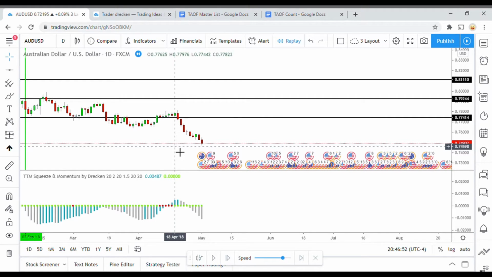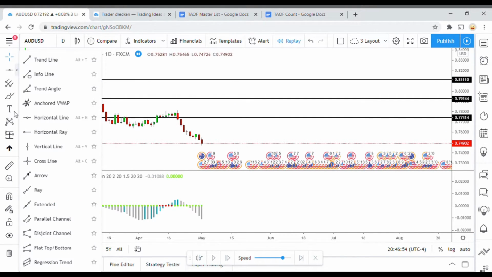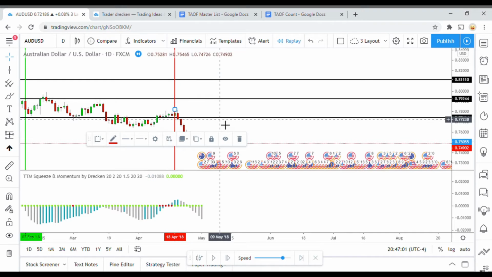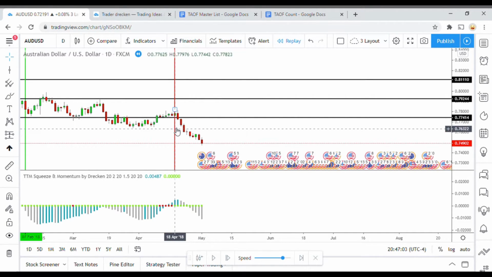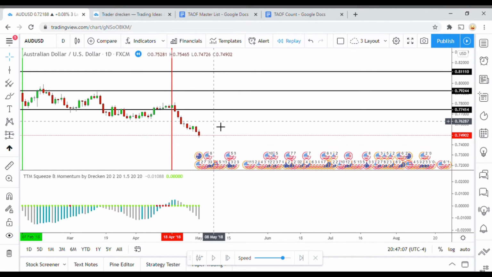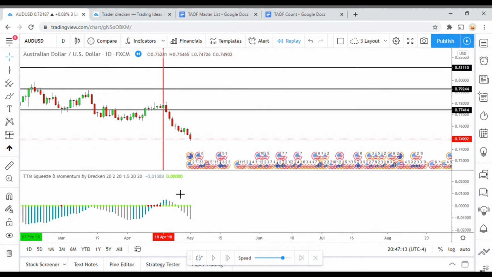Let's see, we did end up with a signal from our indicator here. Unfortunately, it turned around and shoved itself right back down in there. Boom, boom, boom. And then it hit a solid downtrend right there.